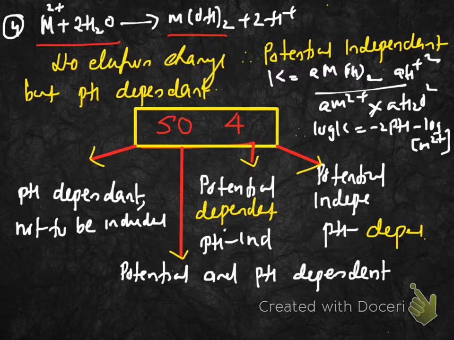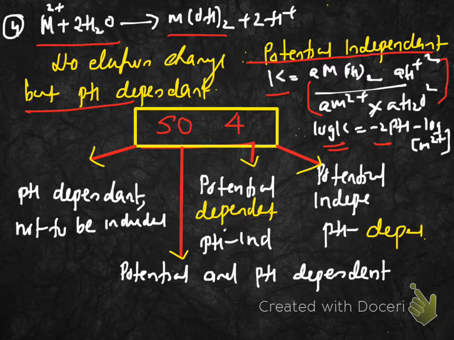Since it does not involve any electron change, it is potential independent, but it is pH dependent. For this reaction, equilibrium constant K can be written like this: log K equal to minus 2 pH minus log concentration of M2 plus.